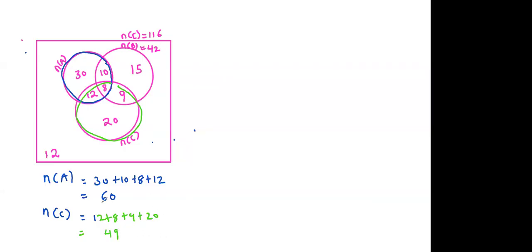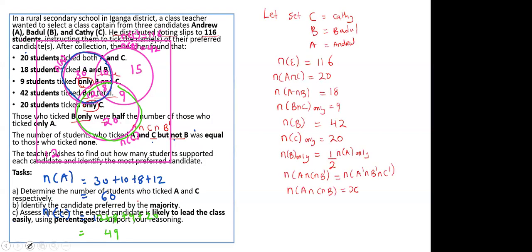Then you conclude that the number of students who ticked A were 60 and those who ticked C were 49. Then number 2, part B: identify the candidate preferred by the majority.